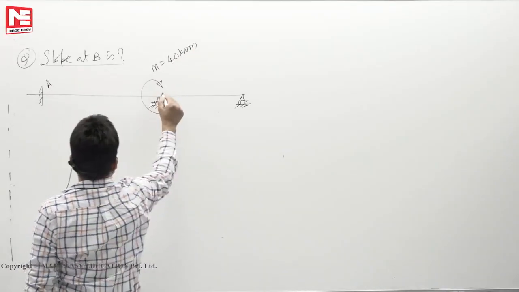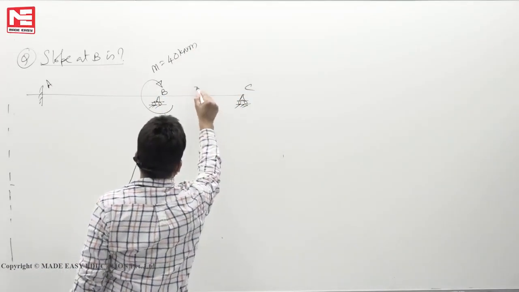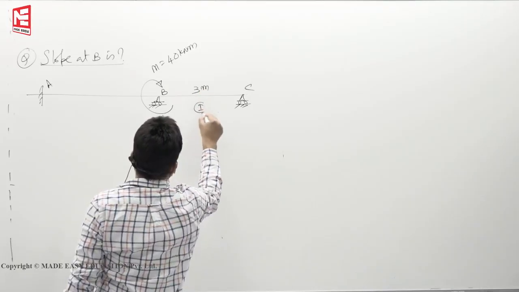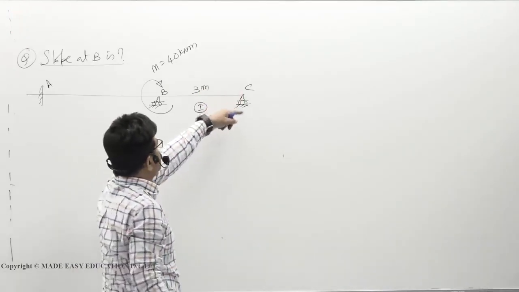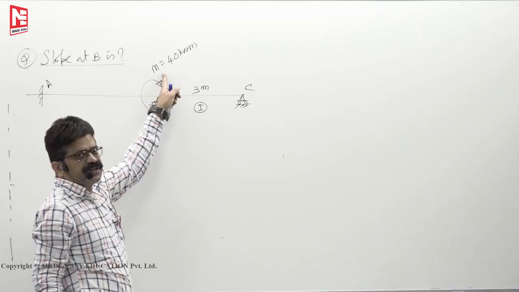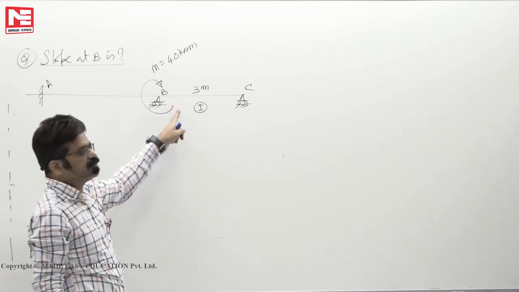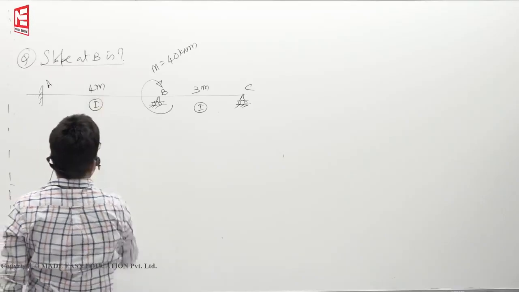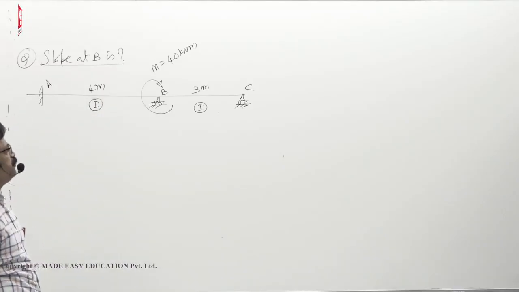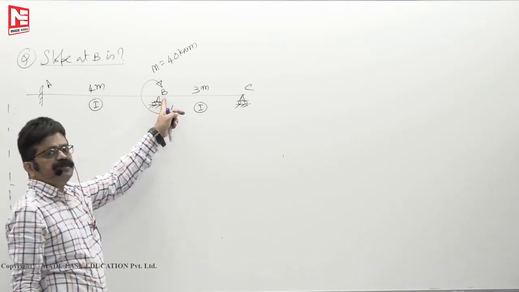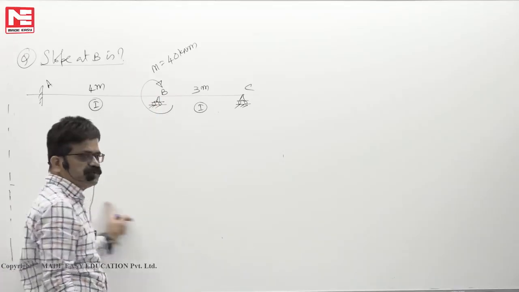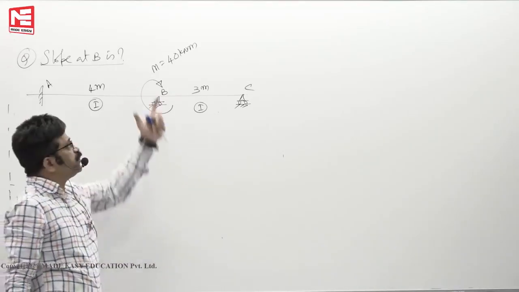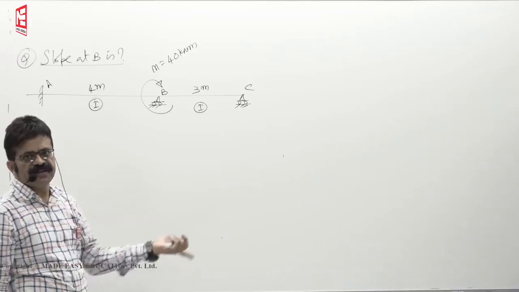Let us say A, B, C. Same problem I am giving. In one paper they asked this also, fixed one. M they have given some 40 or 50. What is theta B? So this is 3 meters, 4 meters, I. Now 40 kilonewton meter. For theta B to become 1, you know how much moment to be applied. Then for 40, how much is the rotation? Linear interpolation.